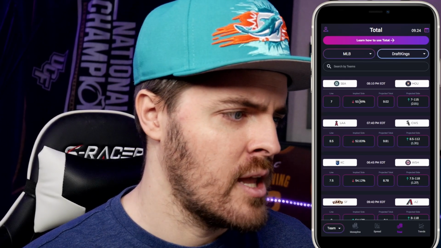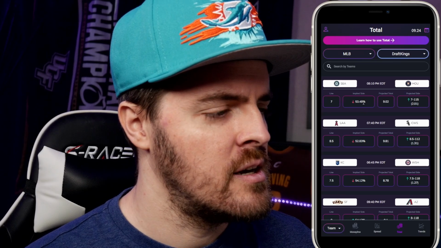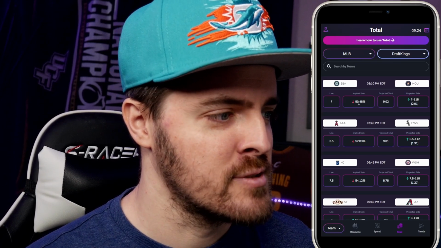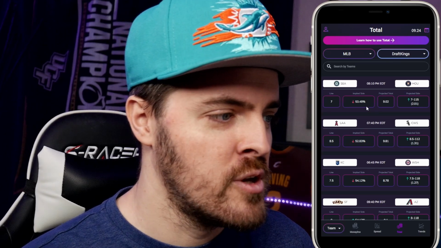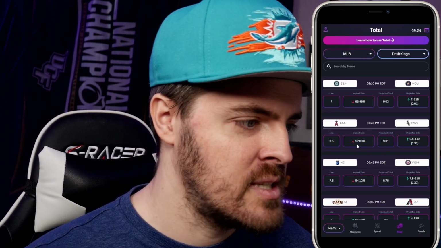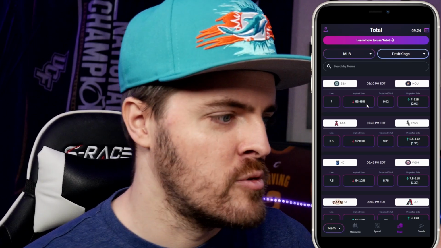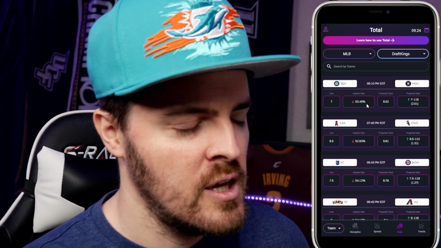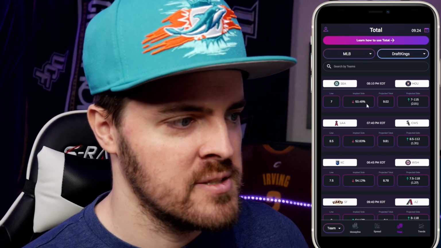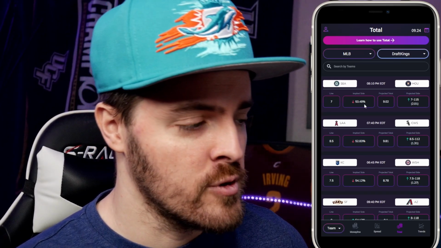So this is probably like a -115 here. Eventually you're going to get really, really good where you know that -110 always equals 52.83, and -112 may equal 53.48. You'll see as you keep dealing with our tools what odds mean and what the implied chances of those odds are. But until you master that math, we do the math for you.